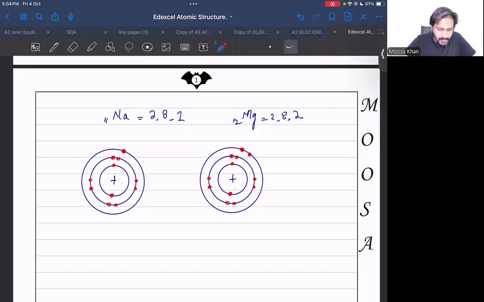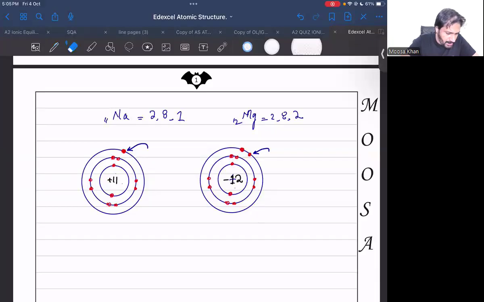So magnesium's nucleus is holding its electrons by attracting its electrons, and the sodium nucleus is also holding its electron by attracting its electrons. Make sense? So if we need to remove the first electron from both of these atoms, and if you see the nuclear charges, sodium has 11 protons in its nucleus, whereas magnesium has 12 protons in its nucleus.